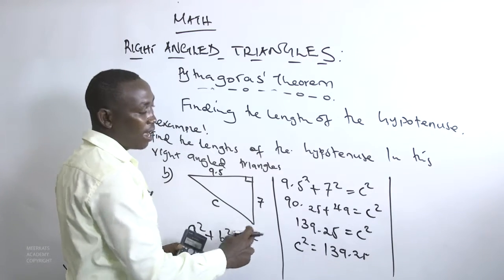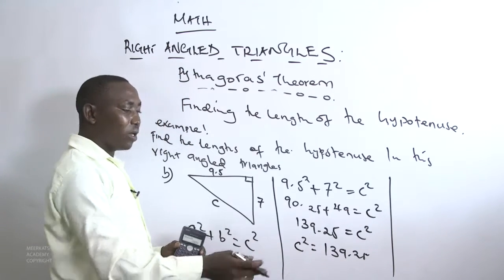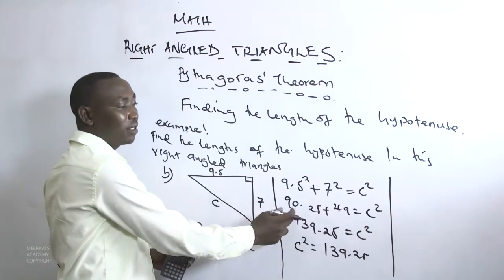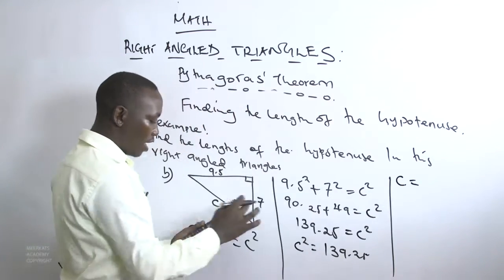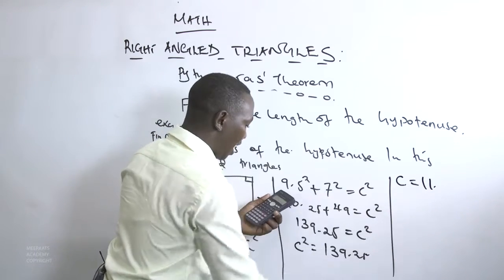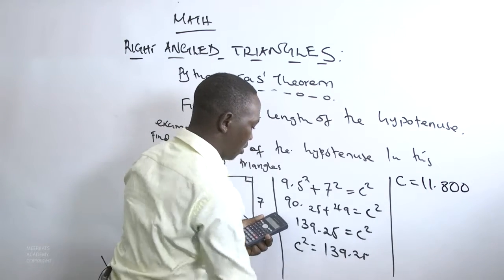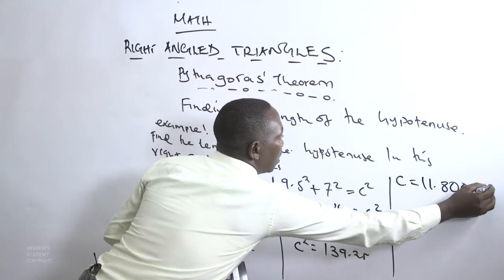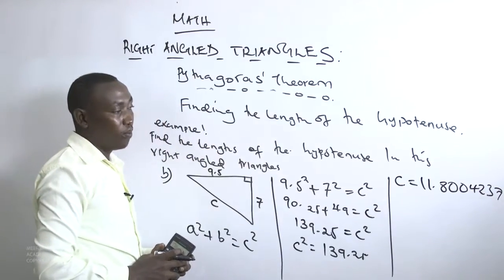So when you get the square root of the left hand side, that is c squared, we'll get c. And then when you get the square root of the right hand side, you'll get 11.80042372.